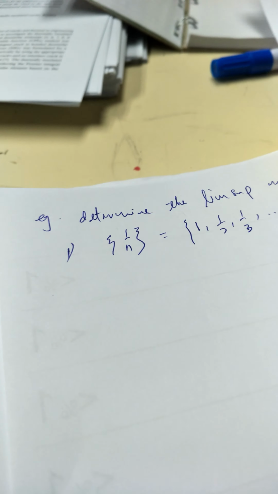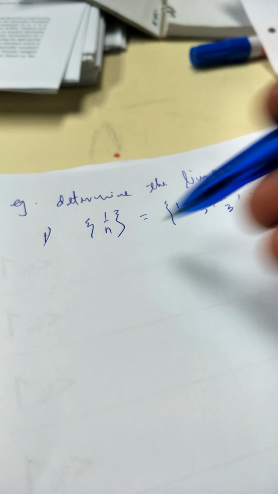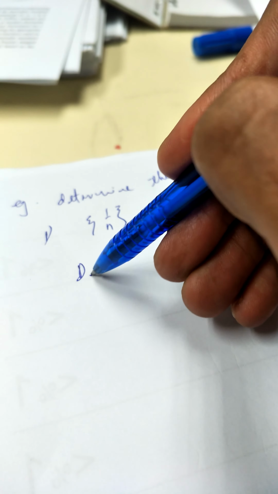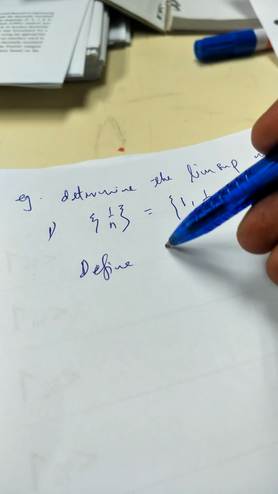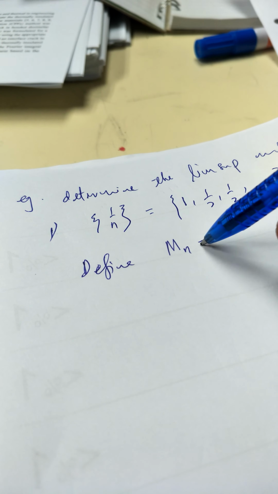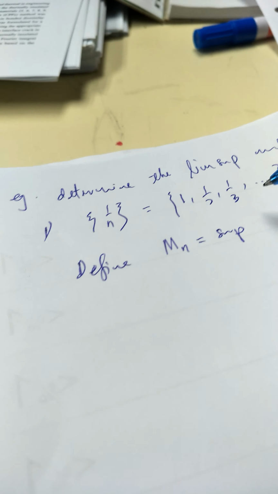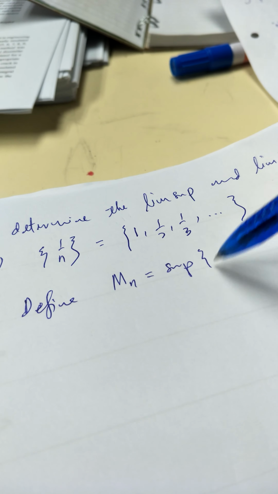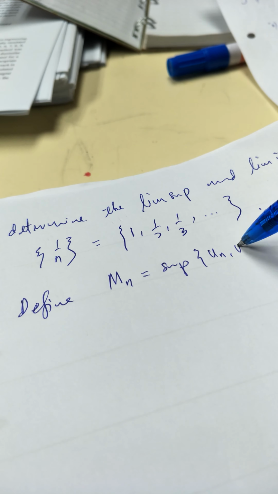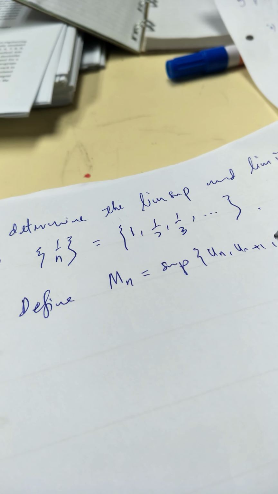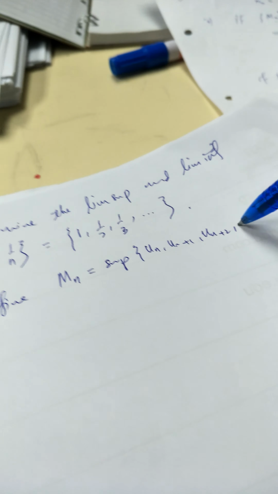Okay, now in order to find this, we define M_n, capital M, as the supremum of u_n, u_(n+1), u_(n+2), and so on.